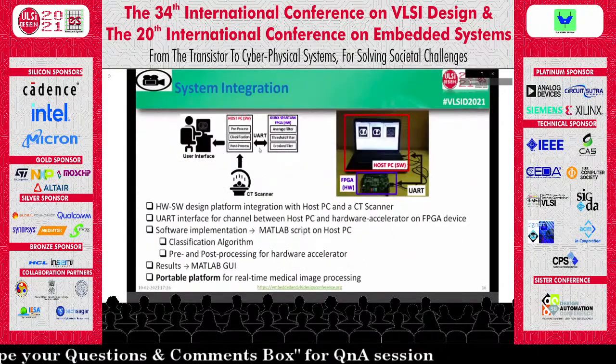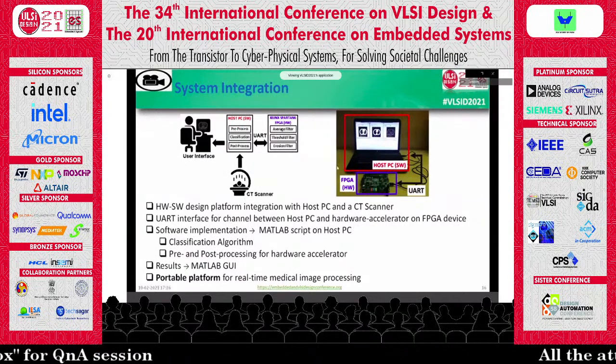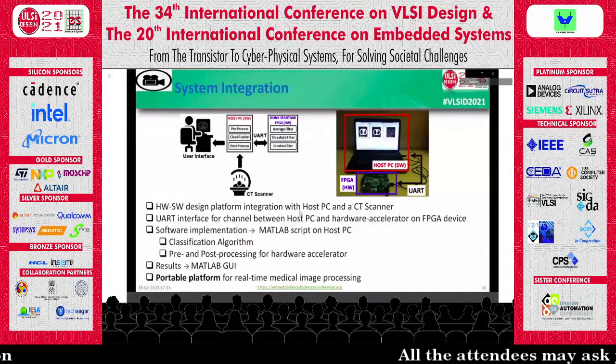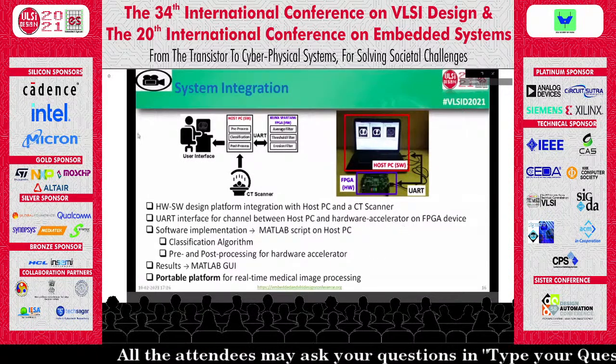This is the complete system integration. This leftmost image I already showed you in one of the slides, and the rightmost one is the complete implementation. So, hardware-software design platform integration with the host PC and the CT scanner. A UART interface is the channel between the host PC and the hardware accelerator on the FPGA device.